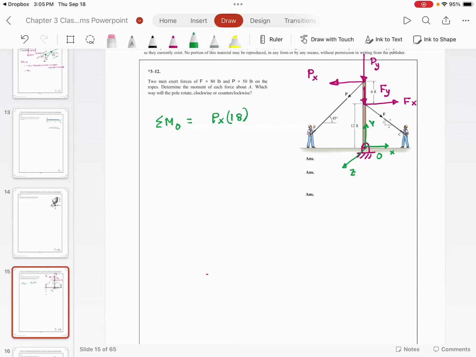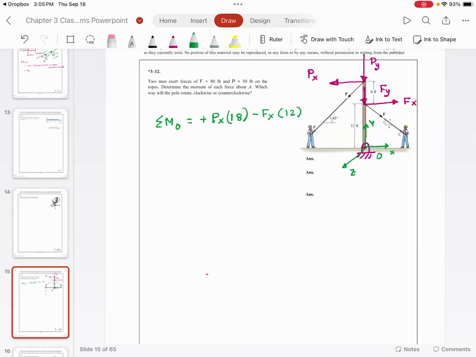Curl your fingers in the direction of moment. Is it positive or negative? Positive. Curl your fingers in the direction of moment given by Fx times 12. Do you agree with me?